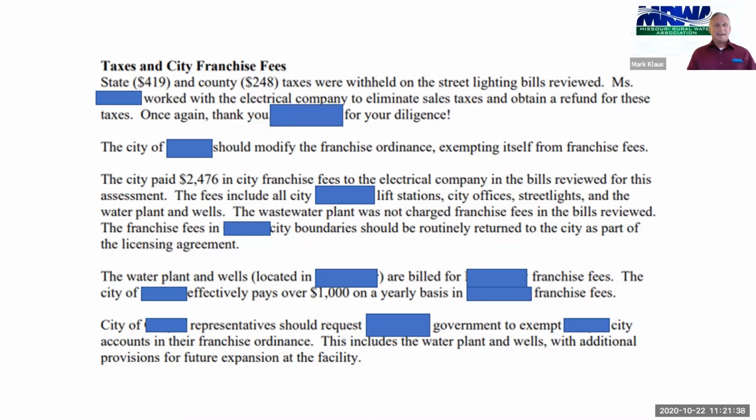We recommend that the two entities work together to eliminate franchise fees for the community that has the water plant and the wells in the other community's boundaries. Those franchise fees, that money they will not get back. That goes into the other community's funds.